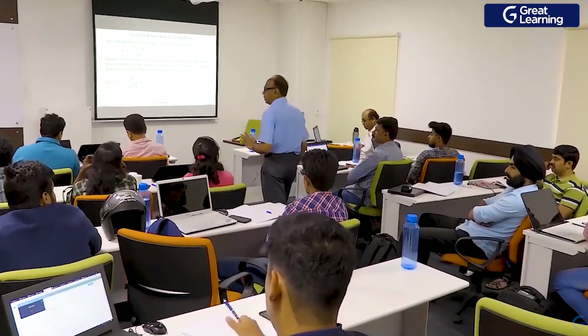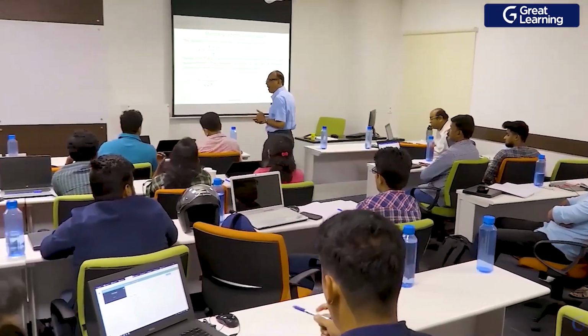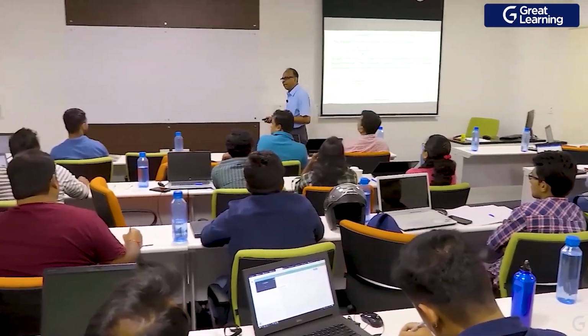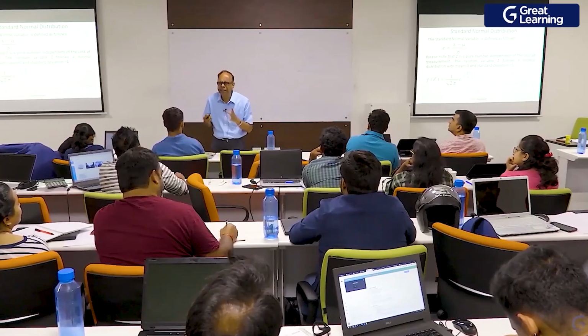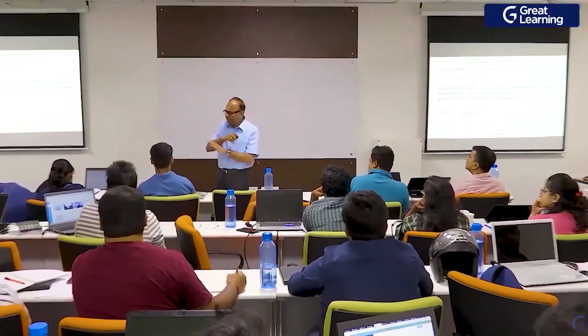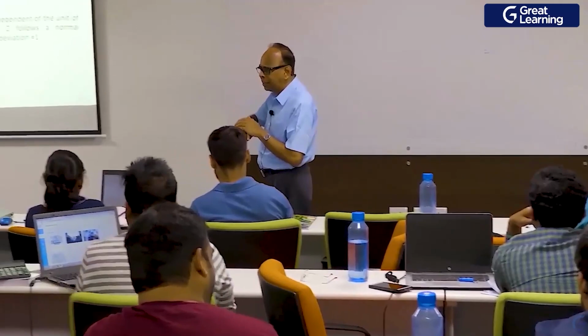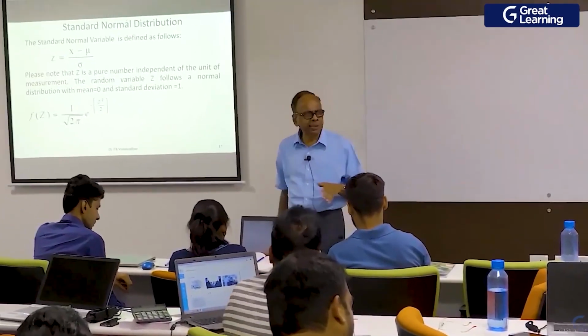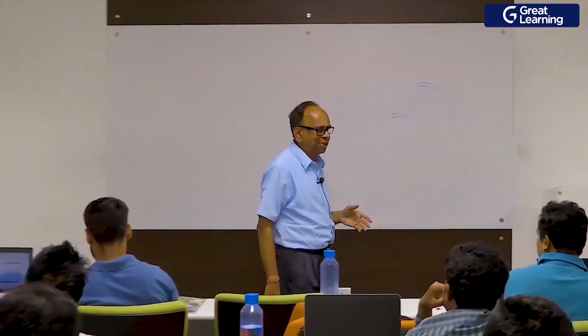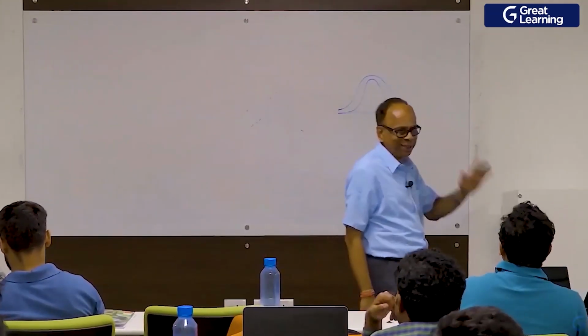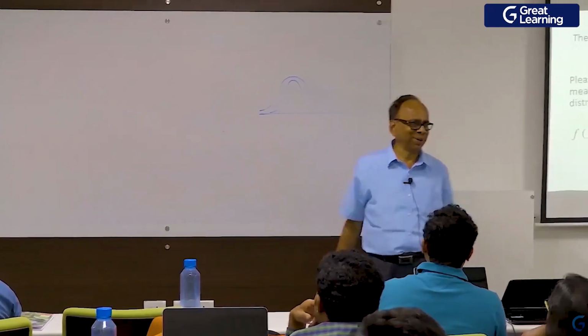Everything requires this bell curve. And in fact, the world has been, and it is still somewhat intoxicated with bell curve. If it is not a bell curve, they are disturbed. You cannot do process capability. You cannot think of Six Sigma standards unless you bring the system in a state of stability and control using the bell curve. So this is extremely important.